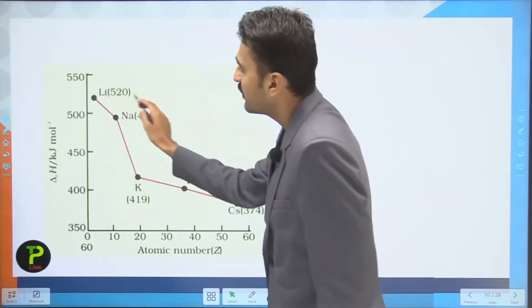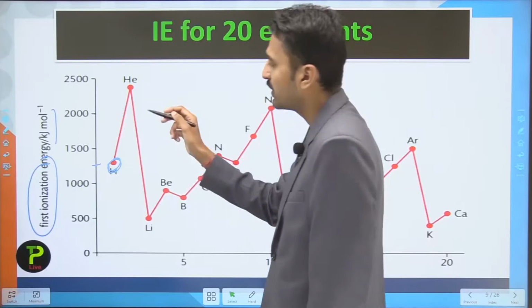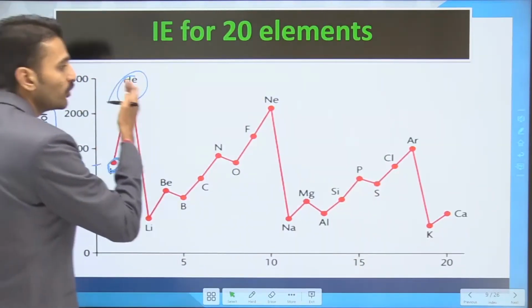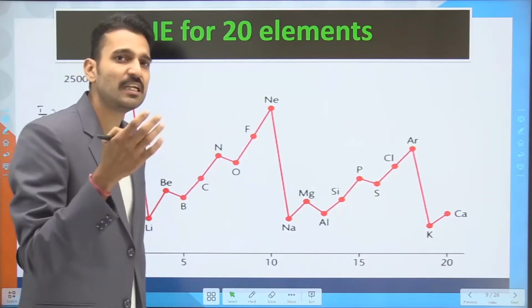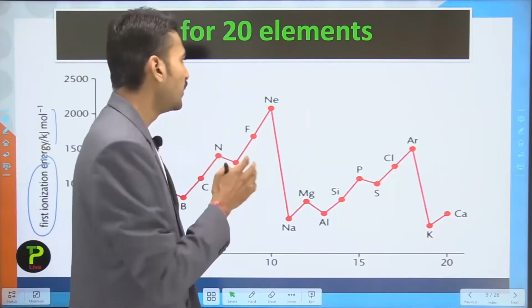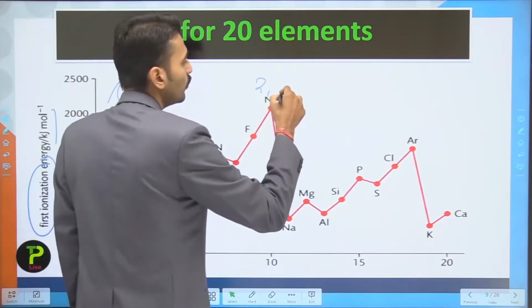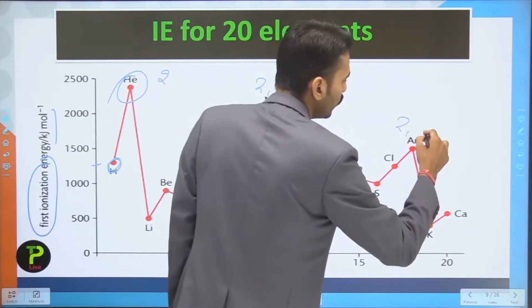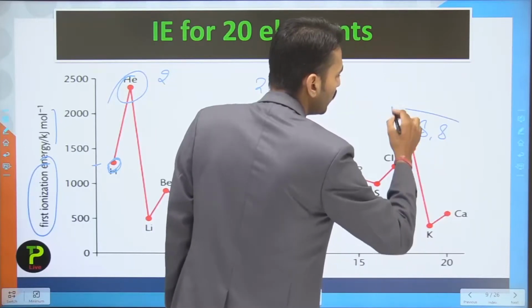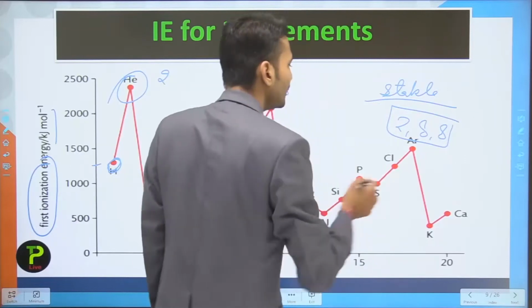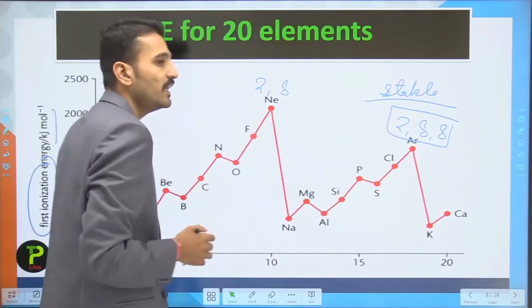But the highest ionization energy you can see is for helium. The noble gases have the stable noble gas configuration, that is 2, then 2,8, and 2,8,8. So these are the stable configurations. It simply means that argon, neon and helium are stable.